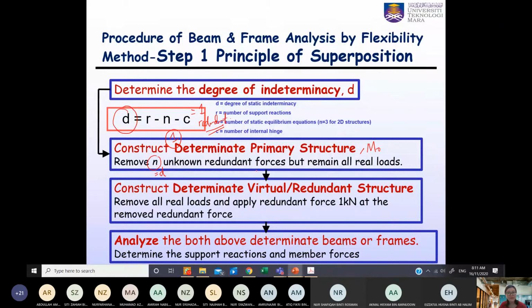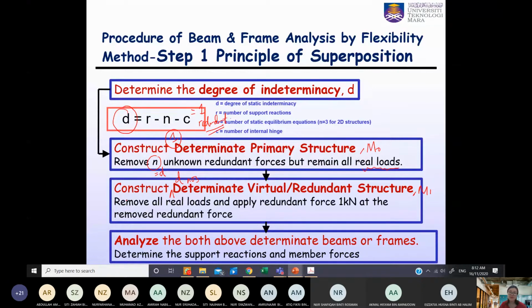These redundant forces are removed, but the real loads stay as in your real structure. Then you construct a virtual structure, which I name M1. The number of virtual structures also depends on your D. If D is equal to 1, you construct one virtual structure.